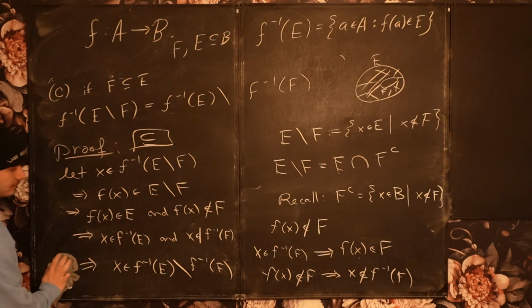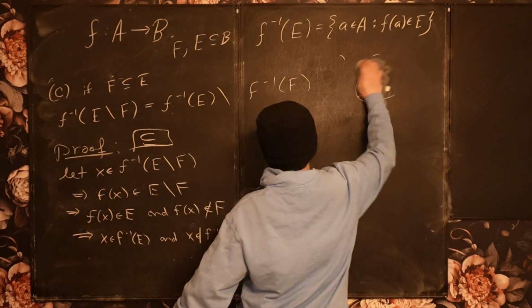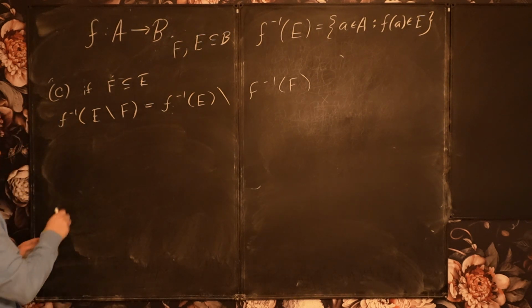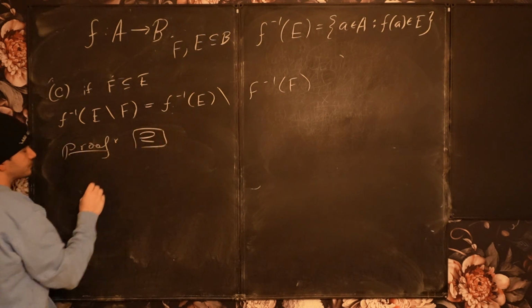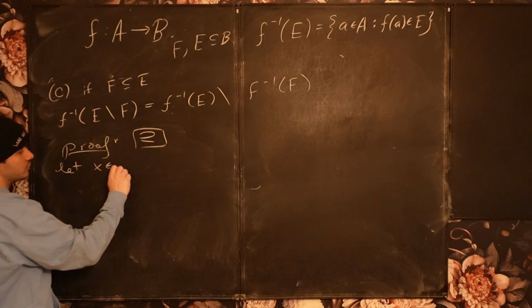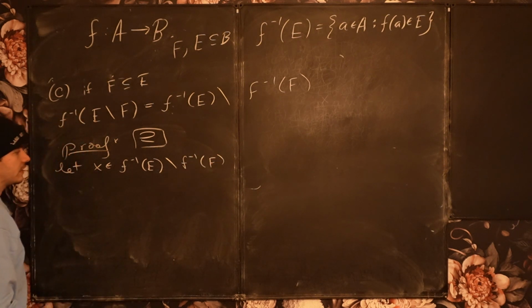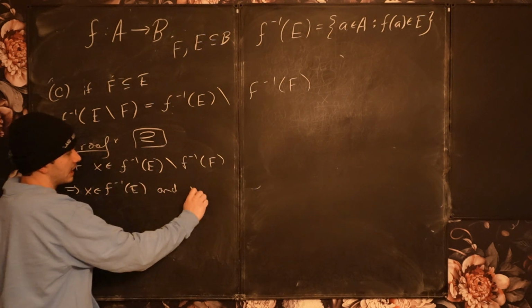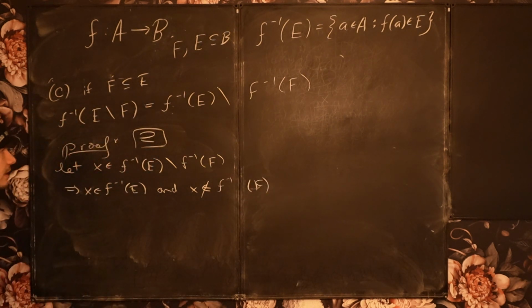Now let's do the other direction. So let x belong to f inverse of E set minus f inverse of F. This tells me that x belongs to f inverse of E and x does not belong to f inverse of F. So now what can I conclude from here?